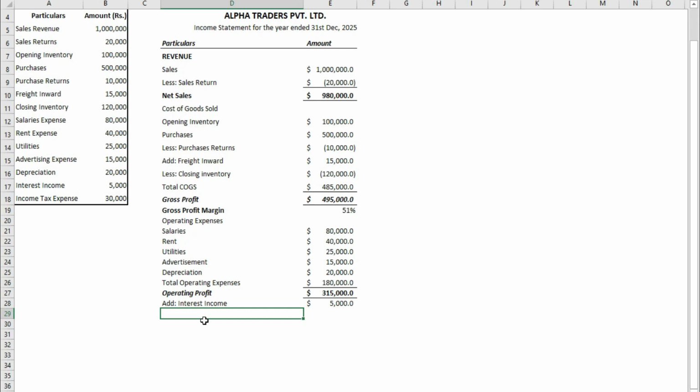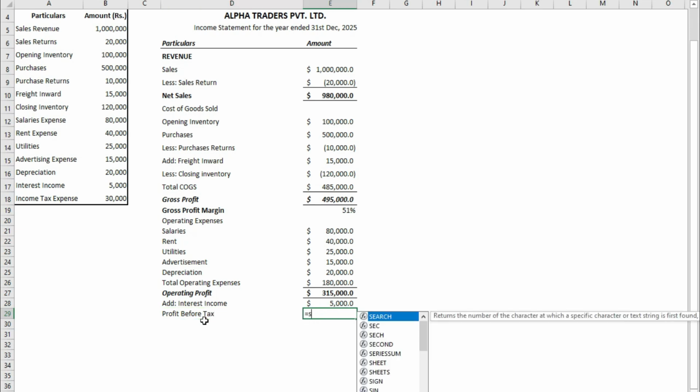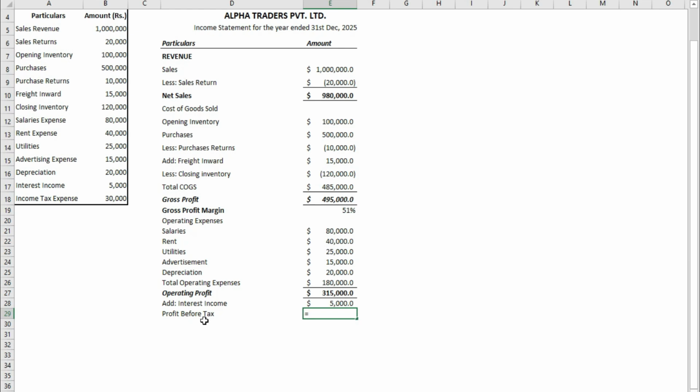Next is profit before tax and tax adjustment. So we calculate the profit before tax. Profit before tax is actually the operating profit plus our interest income.